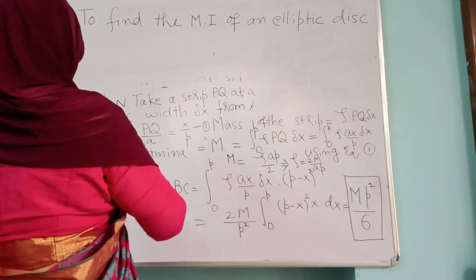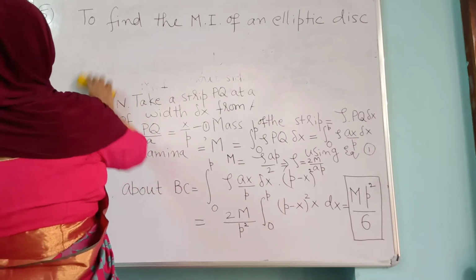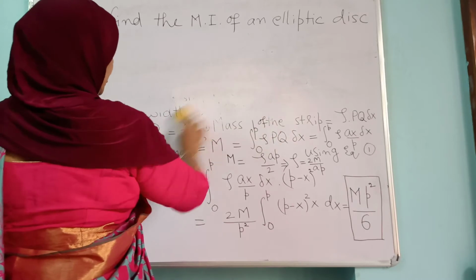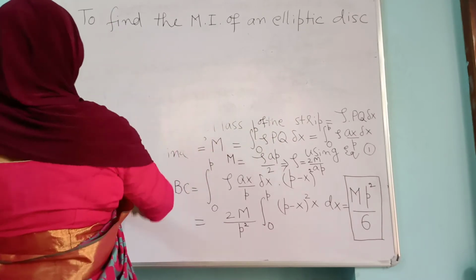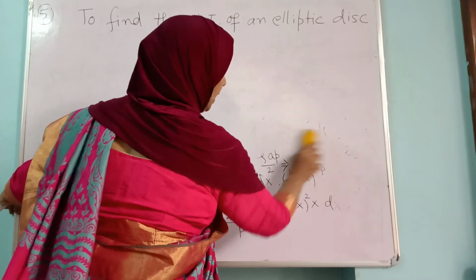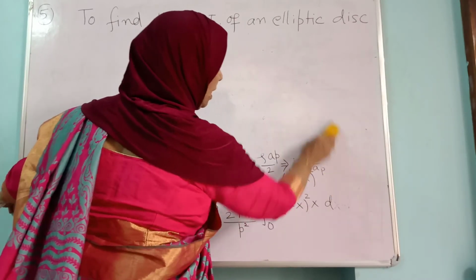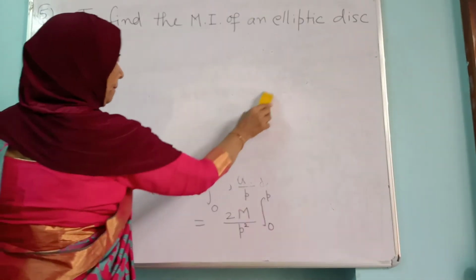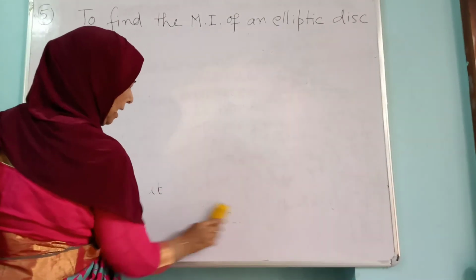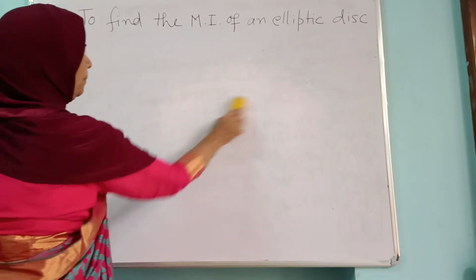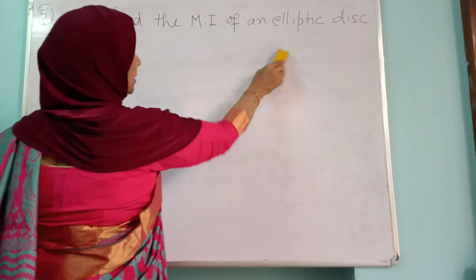Now this elliptic disc will have a major axis and a minor axis, and we will find out its moment of inertia about the x-axis and then about an axis passing through its center and perpendicular to it.